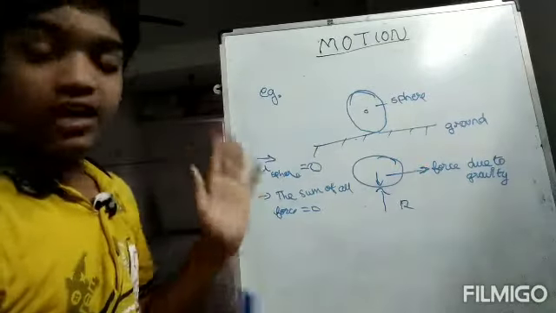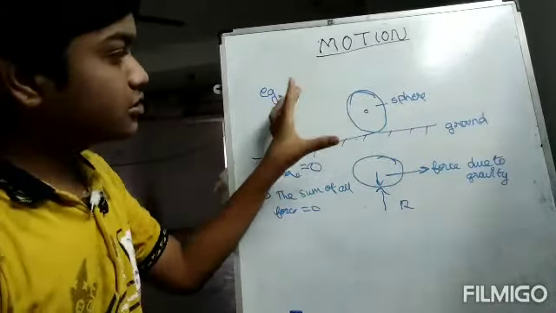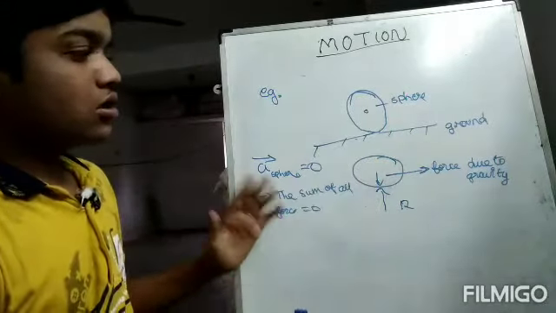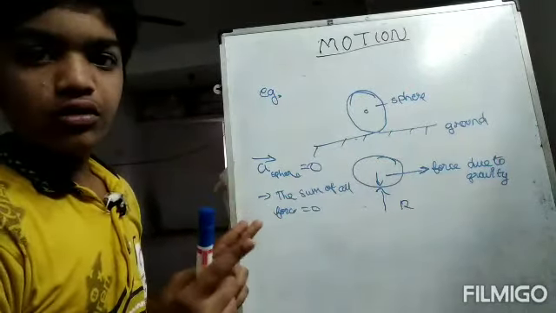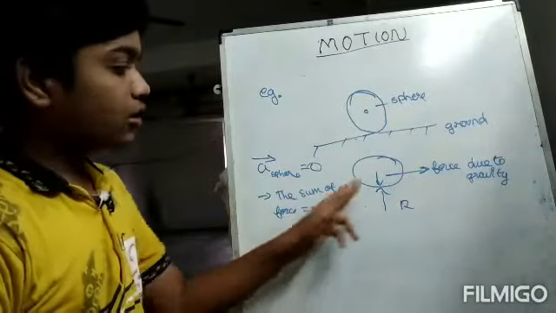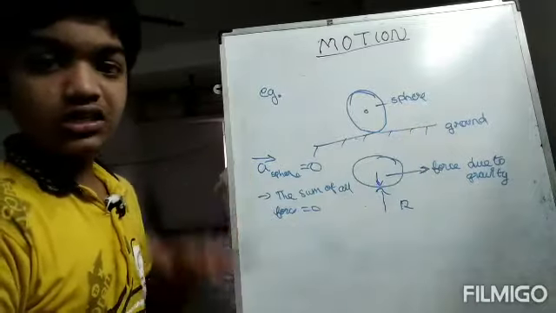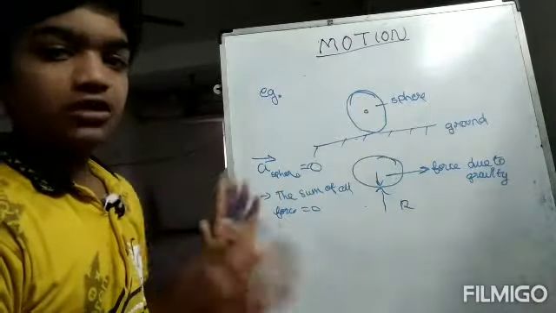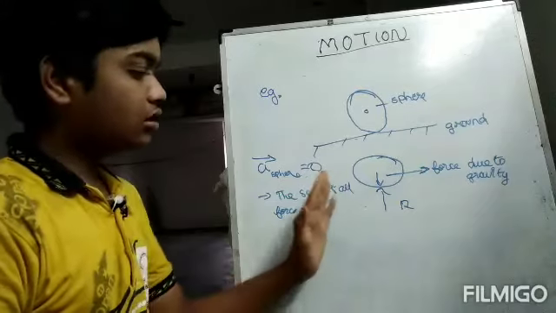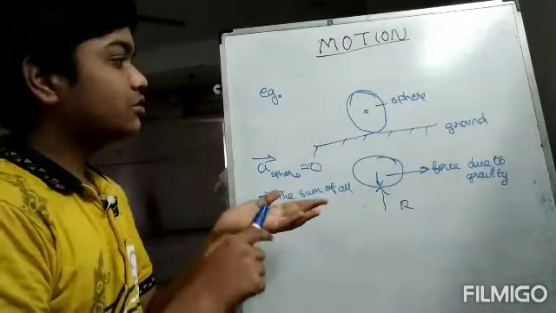Now we are going to see an example of the second situation. There is a sphere on the ground. This is the ground and this is the sphere. There are two forces acting on the sphere, but the sphere is at rest. The first force is the force due to gravity, from the earth, and the second force is R. The ground pushes up the sphere.